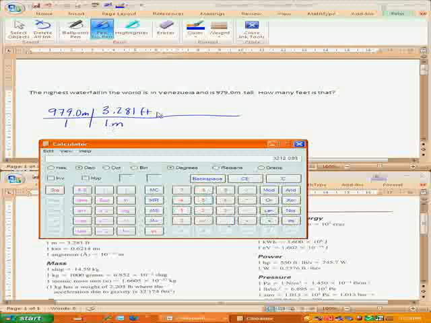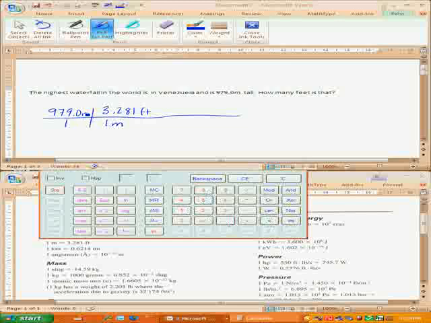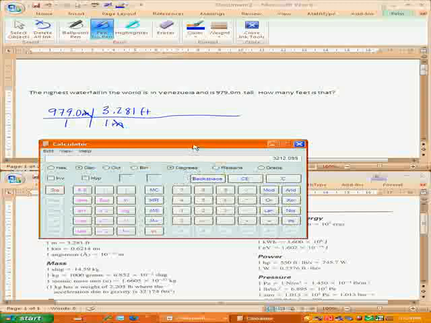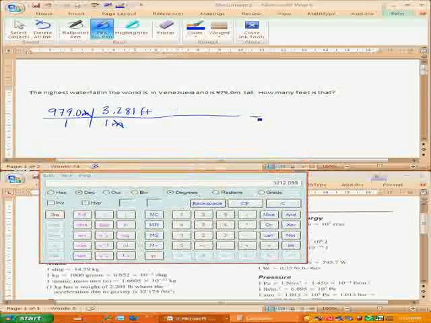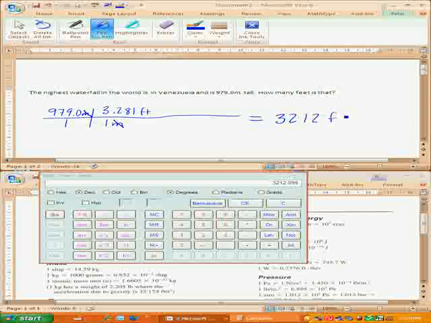Now you'll notice that up here the units, meters and meters, will cancel out, leaving us with the units that we wanted, which was feet. And so my final answer will be 3.212 feet. I didn't put the 0.99 on there because of the significant figures. I had 4 significant figures, and therefore my answer should also have 4 significant figures.